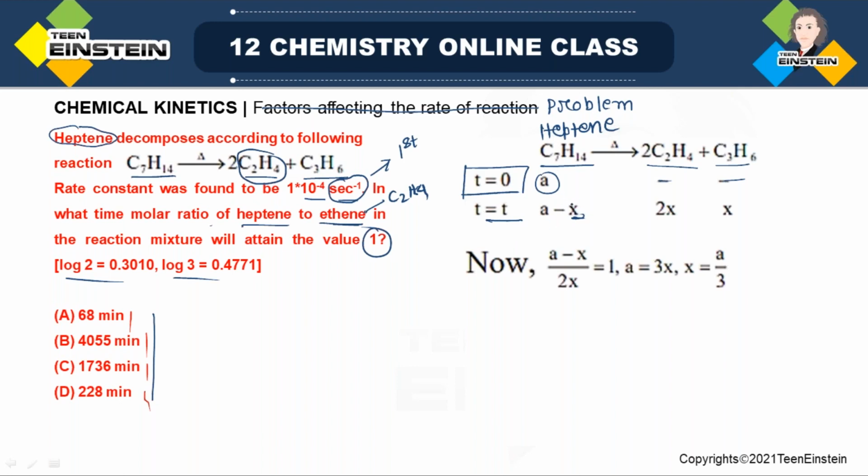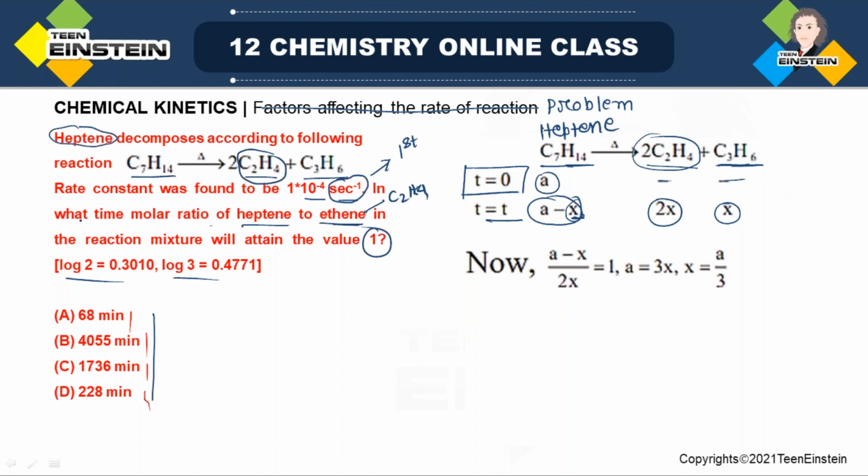That means the remaining amount of C7H14 will be A minus x. And from 1 mole of C7H14 we are getting 2 moles, so when x moles decomposed, obviously 2x moles will be produced. And look at the other product here. It will be only x because from 1 mole of C7H14 you are getting 1 mole of C3H6.